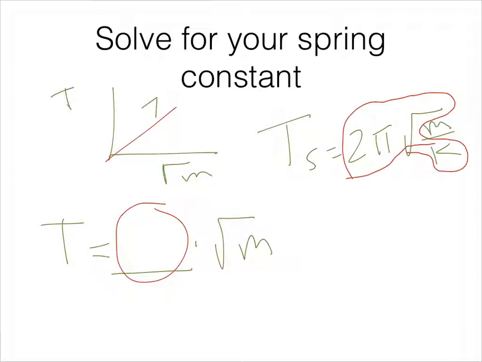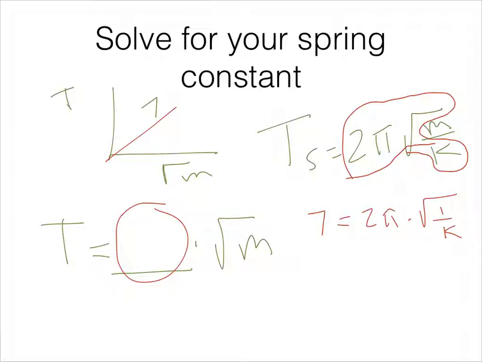Because of that, we're going to solve for that, and just to show you how the math would work out, let's say my slope was 7. Well, that means a slope of 7 would equal 2 pi times the square root of 1 over k.